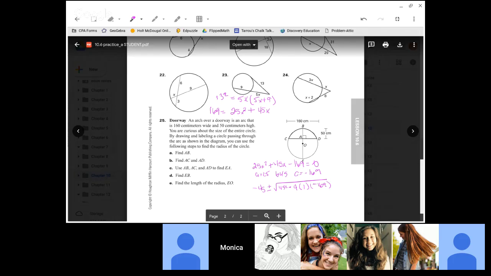Or sorry, it's not times 1, it's times 25 here, because your a is 25. And then that's all divided by 2 times a, which is 2 times 25. Is that how you set it up? Okay. This is number 23.